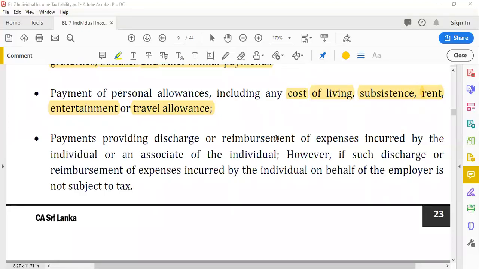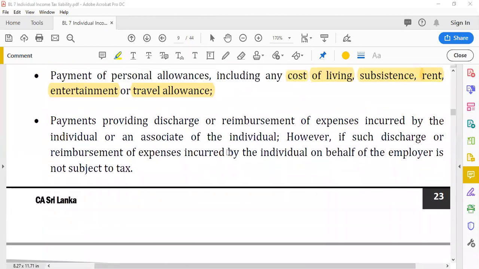This kind of entertainment also should be treated as allowances and entertainment, as income. And travel allowance: you go somewhere for your personal purpose, and the company gives you a travel arrangement or travelling allowance, that also should be included as income from employment, right?